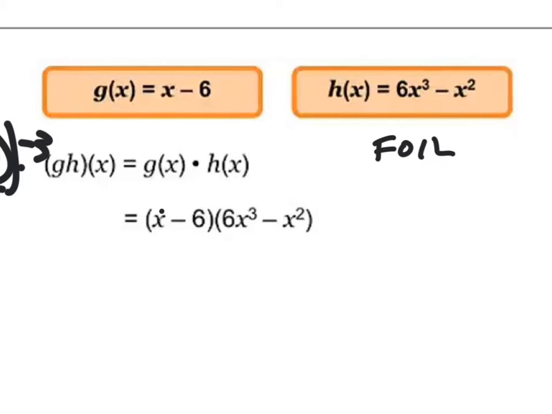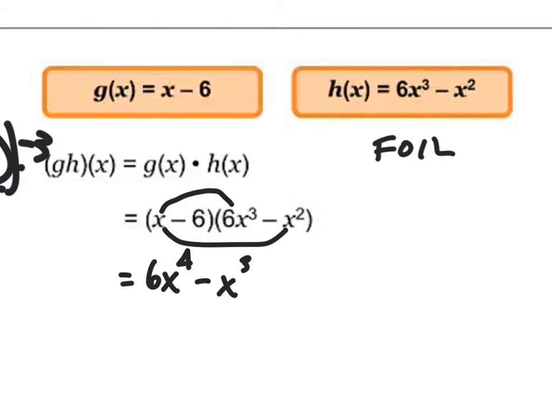I'm going to do x times 6x cubed, which is going to give us 6x to the 4th. That's the first. Let's do the outside. X times negative x squared gives us minus x cubed. Let's do the inside.